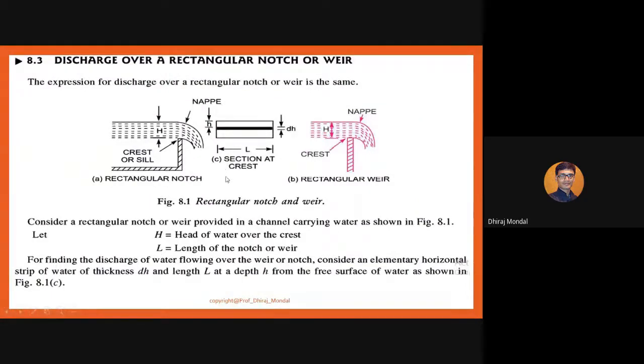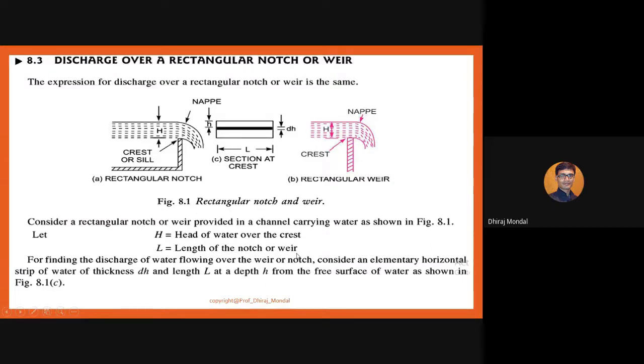It is your capital H, and one strip is taken here, small d, that means from the upper surface of the notch apparatus I have taken one strip dH at a distance H. So H is the head of the water over the crest, and L is the length of the notch or weir.